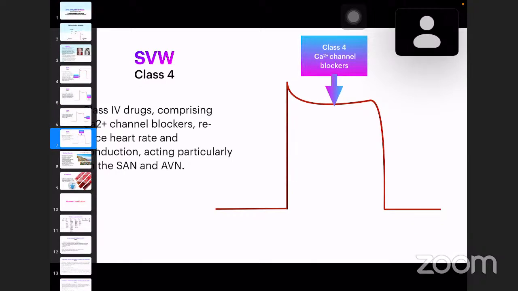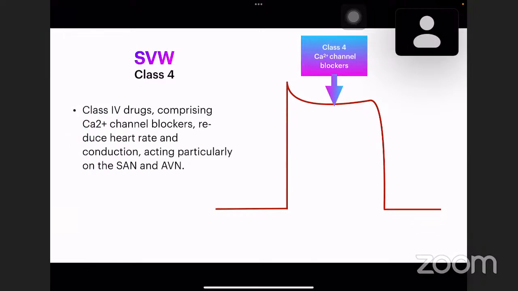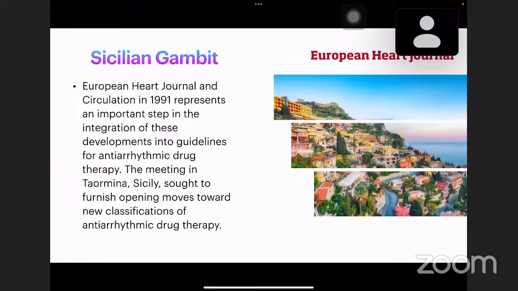So why was this modern classification derived? This is not a new thing. This was started in 1991 by the European Heart Journal. They wanted to study the molecular mechanisms of all the drugs acting on cardiac myocytes, and they conducted a meeting in Sicily.